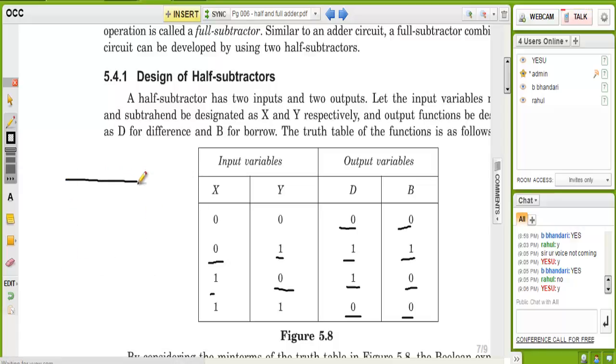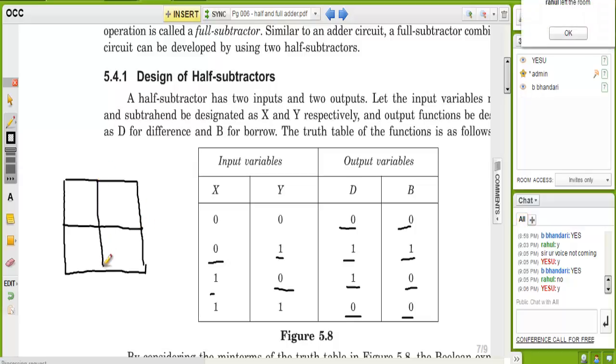See how it comes. How is this truth table going to be drawn?